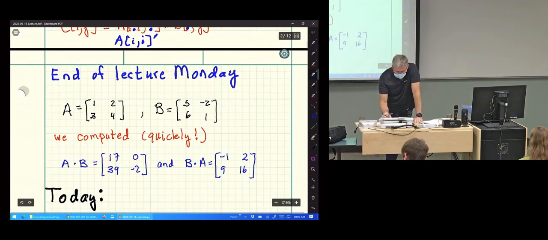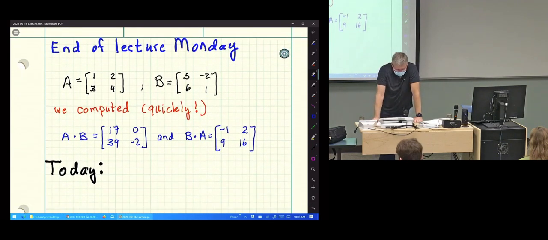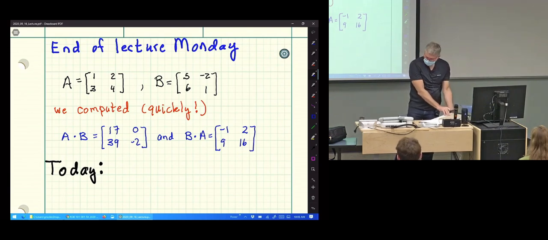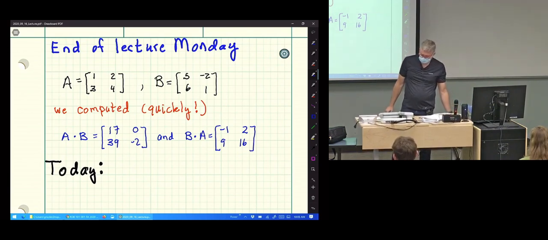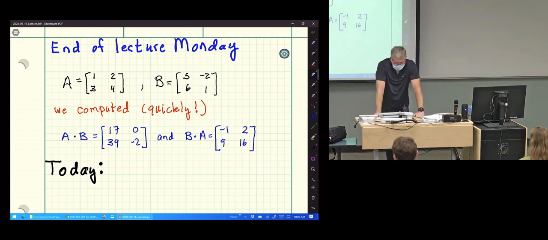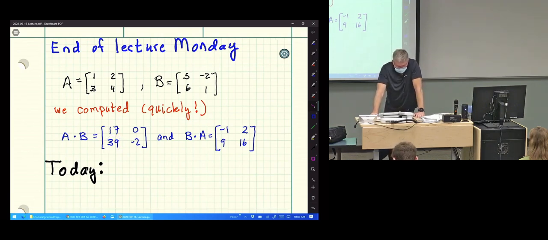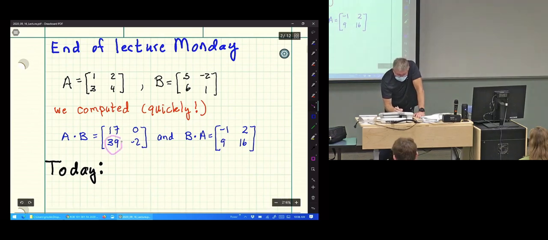At the very end of lecture, we took two matrices with the amazing entries 1, 2, 3, 4, and 5, -2, 6, and 1. And in a blur of computation that you probably didn't have enough time to follow, we did A times B, and then we did B times A. So let's just mentally do, how would we get the 2, 1 entry of A times B?